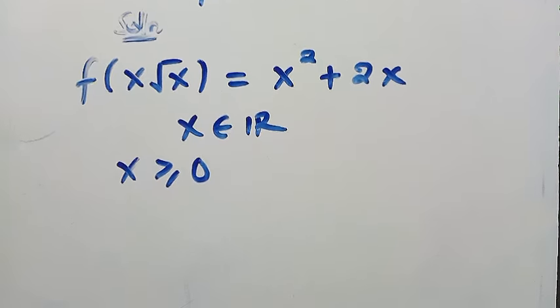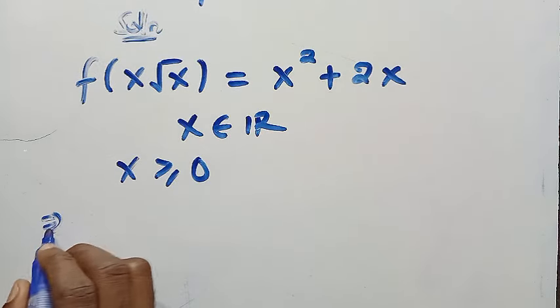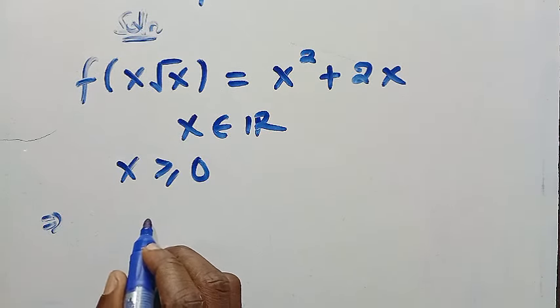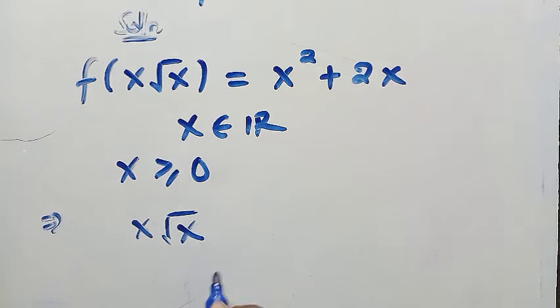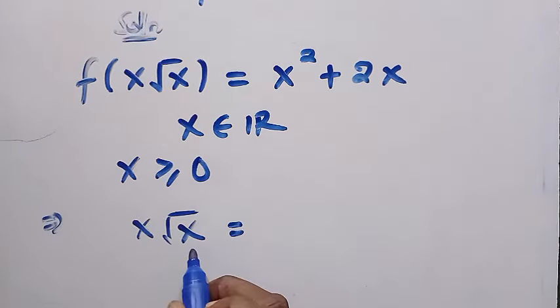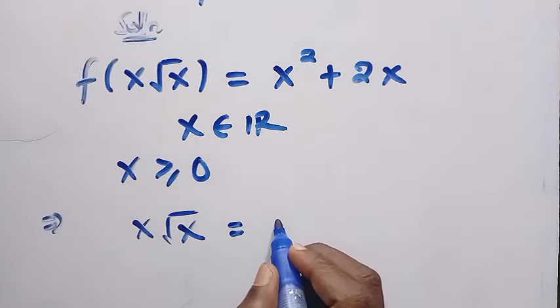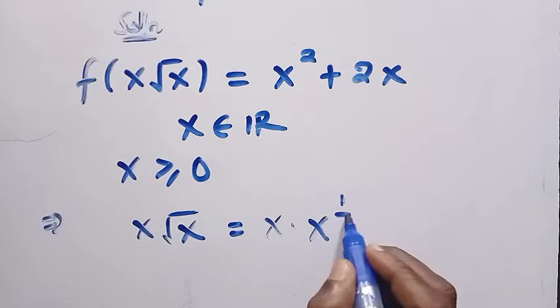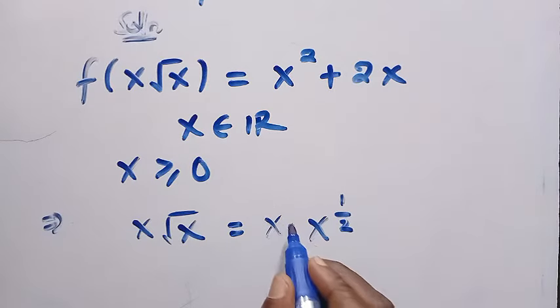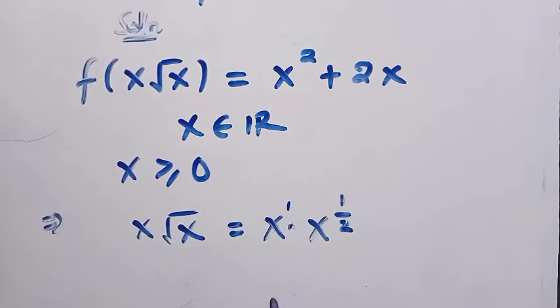So let's get into finding f of root x. Before we find f of root x, we have to know what f of x is first. To do that, we consider from this domain x multiplied by root x, so let's try and rewrite this first. x multiplied by root x is x raised to power 1 over 2 times x to the power of 1.